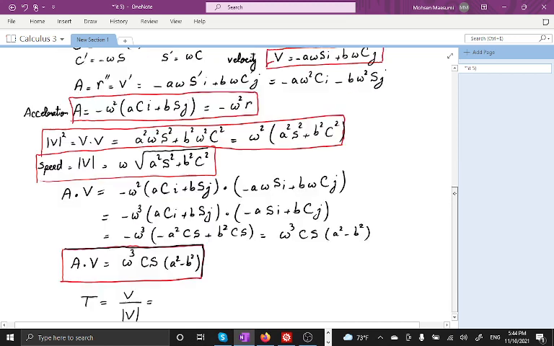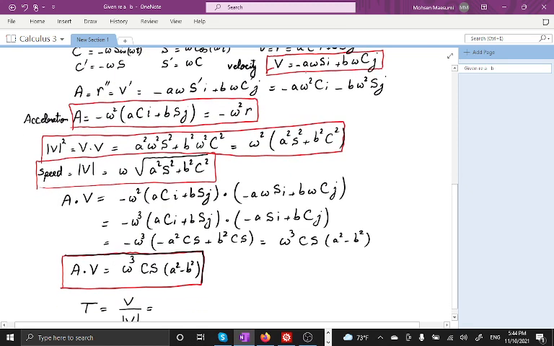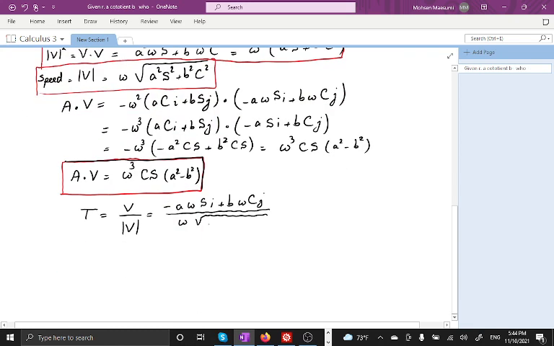So I have my v here. I'm just going to copy this through. I should have factored that omega there, but that's okay. Minus a omega s i plus b omega c j. That's the velocity, and the absolute value of this velocity is omega times that square root, a squared s squared plus b squared c squared.